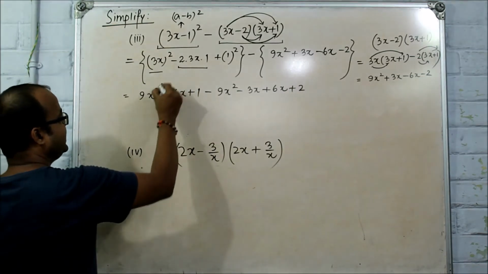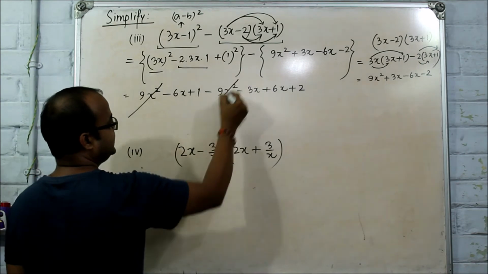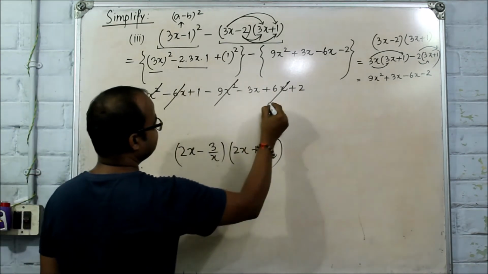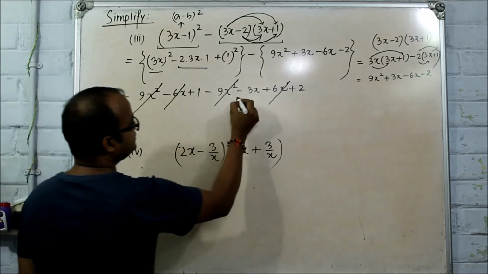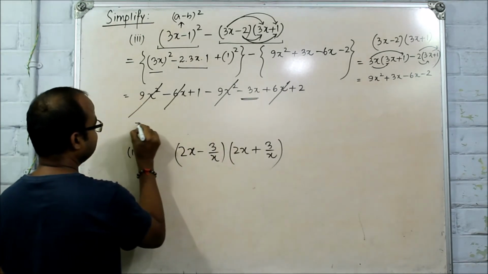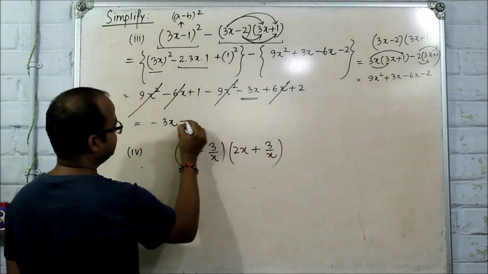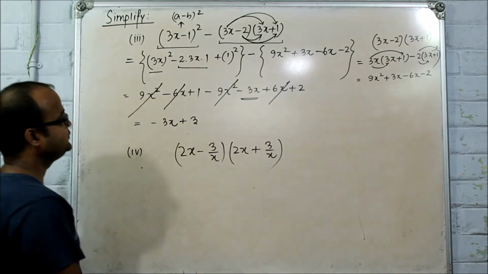Now minus 9x square and plus 9x square cancel, minus 6x plus 6x cancel. So the term left is minus 3x, so we write here minus 3x plus 1 plus 2, that is plus 3. So this is your answer.